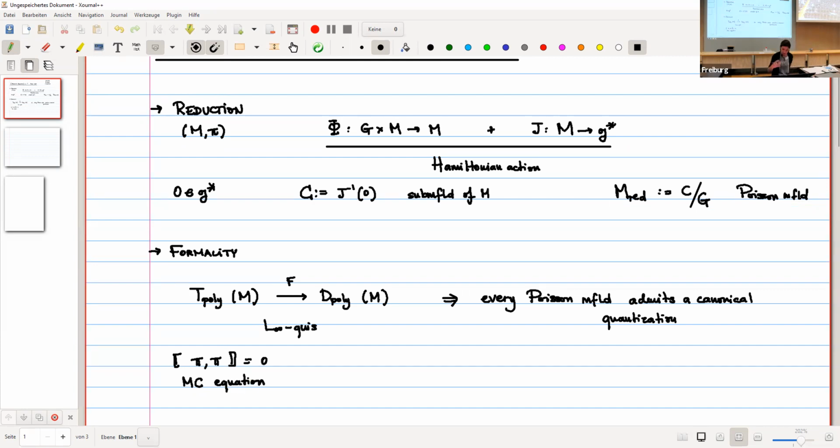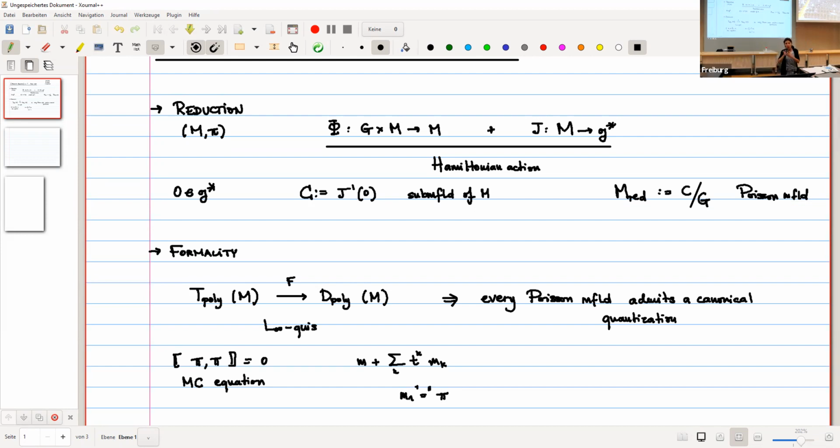On the other side, on the side of multi-differential operators, you have the deformation of the product. You have your pointwise multiplication, which you want to deform as a formal power series, where the M_k are bi-differential operators, and even more, we want M_1 to be equal to the Poisson structure.